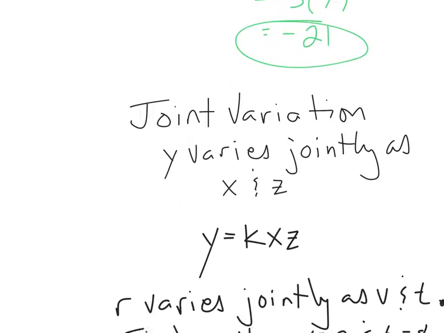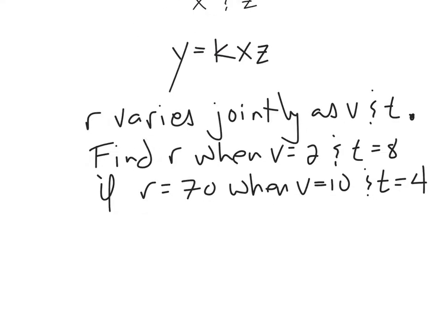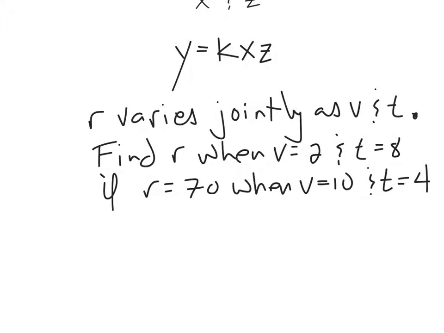The first thing I need is my equation, and I'll find that in the R varies jointly part of this. R varies jointly as V and T. That leads me to R being equal to K times V times T. The varies can kind of become your equal sign, and then you basically use the order that you're given.